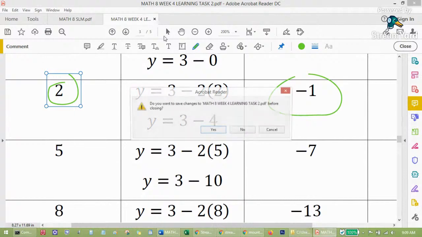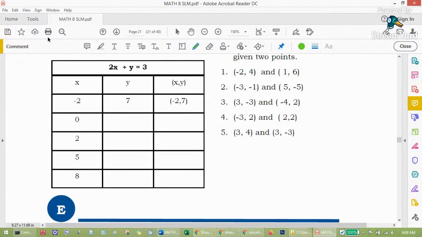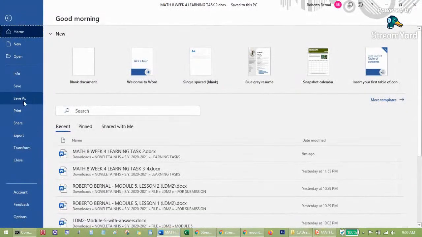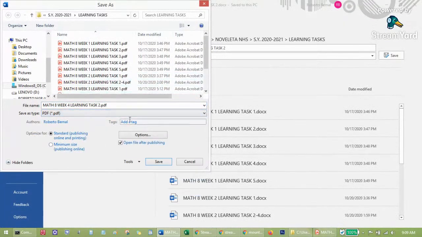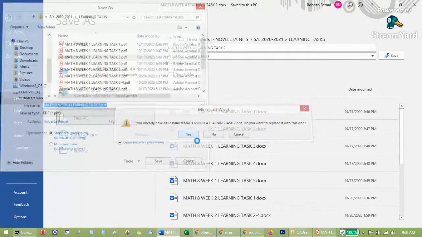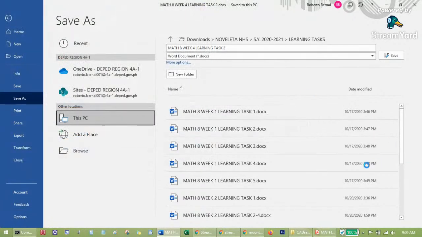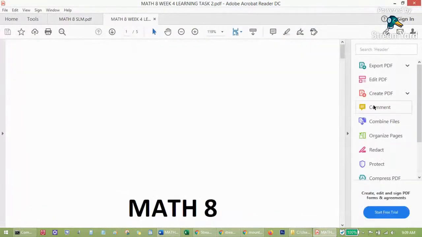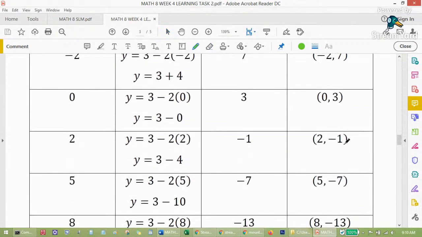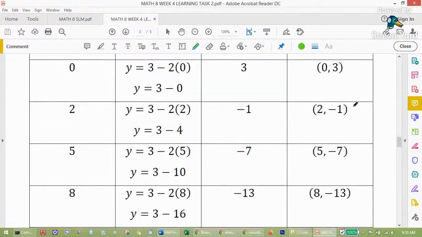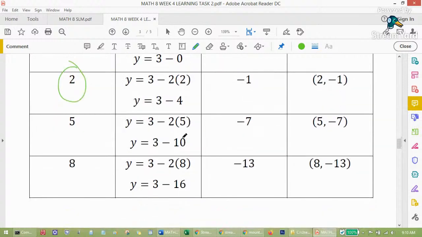Yan, okay na. X is 2 and y is negative 1.